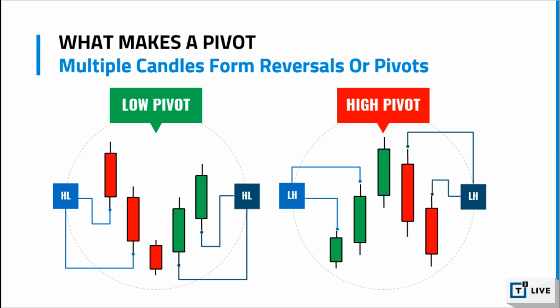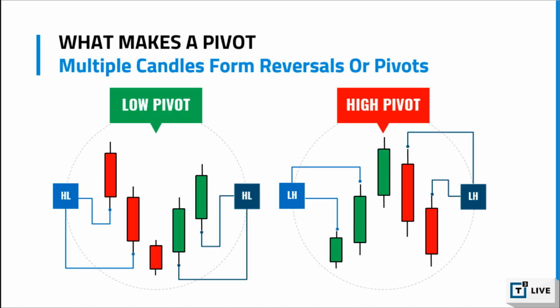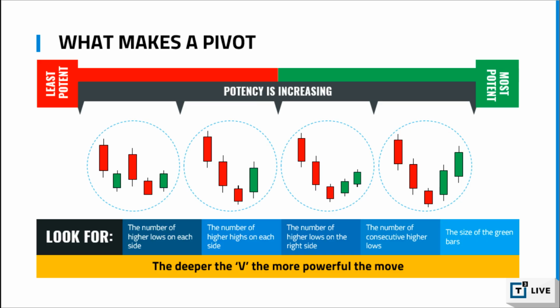Okay, good. So we always get a low pivot when we have at least one higher low on either side of a candle. And a high pivot, a lower high on either side of a candle. Now, how can you tell which pivots are good and which pivots aren't very good?